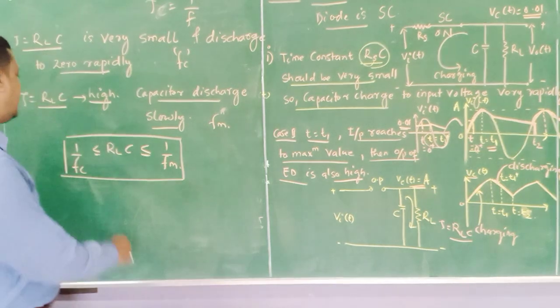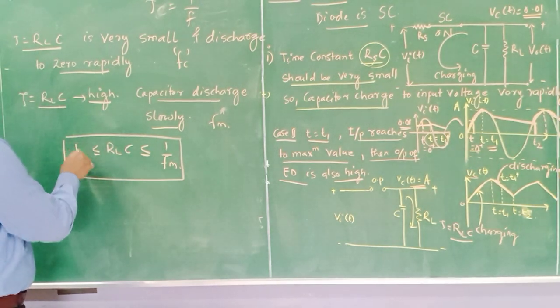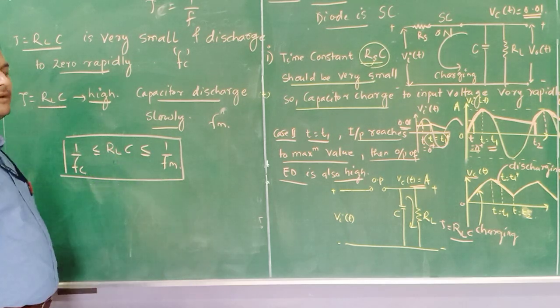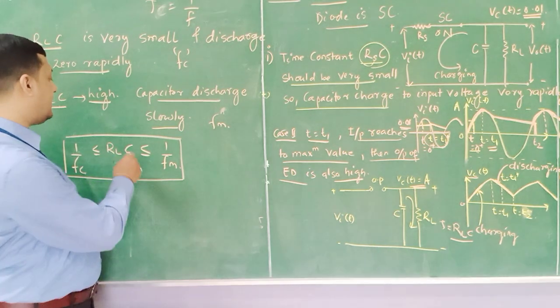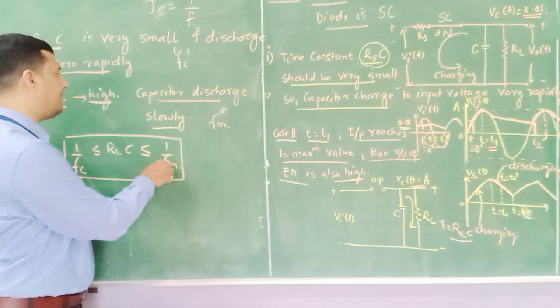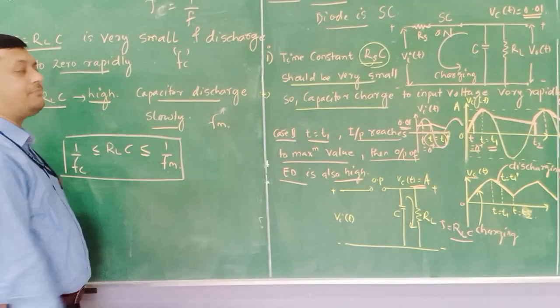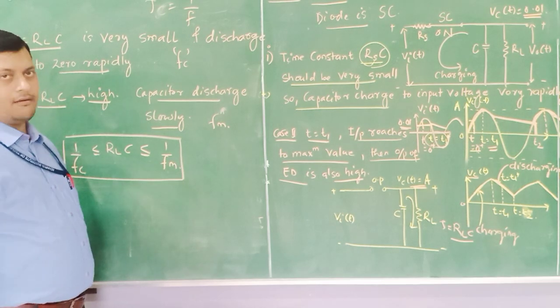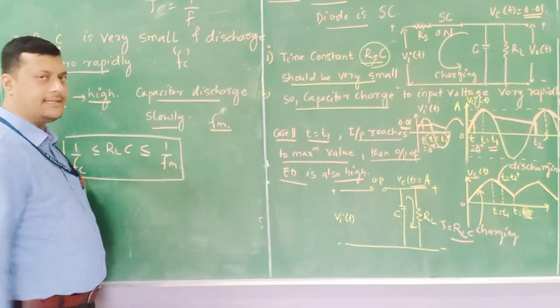Okay, so here we have to see it is 1 by FC must be less than RL into C, less than 1 by FM. If RL into C is about 1 by FM, the time period is very high, so it will identify the frequency component, that is the modulating signal.